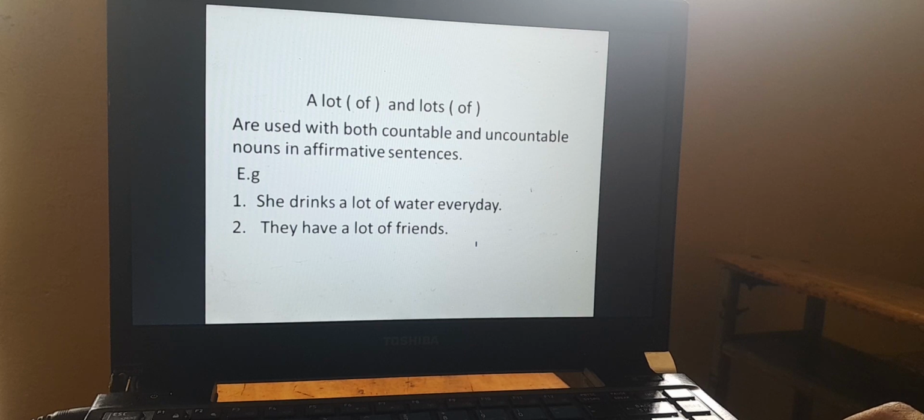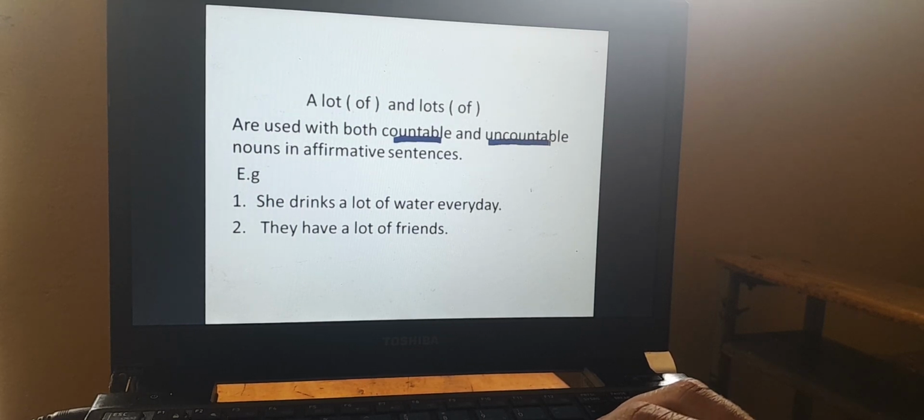Lots of is used with both countable and uncountable nouns in affirmative sentences. So you should know the usage of a lot of or lots of. Both are used for countable and uncountable nouns in affirmative sentences.